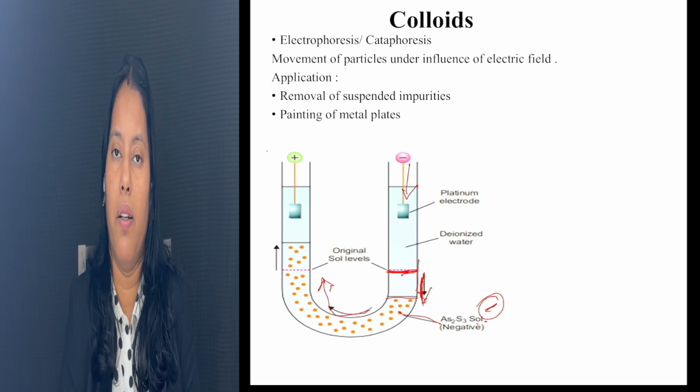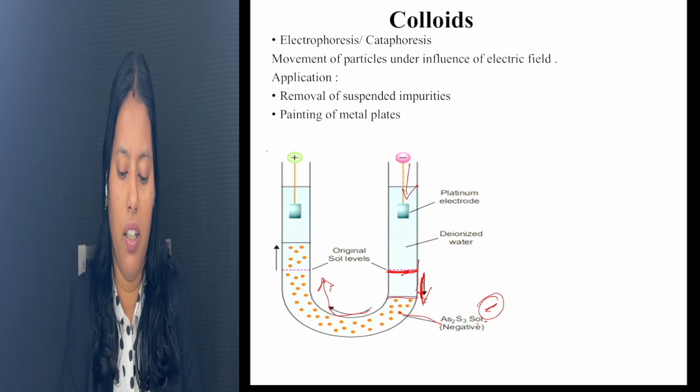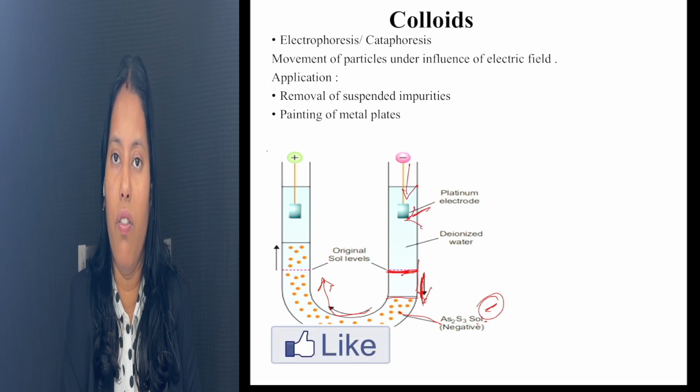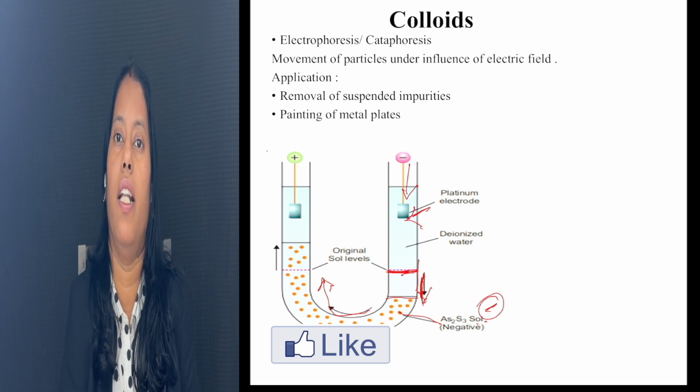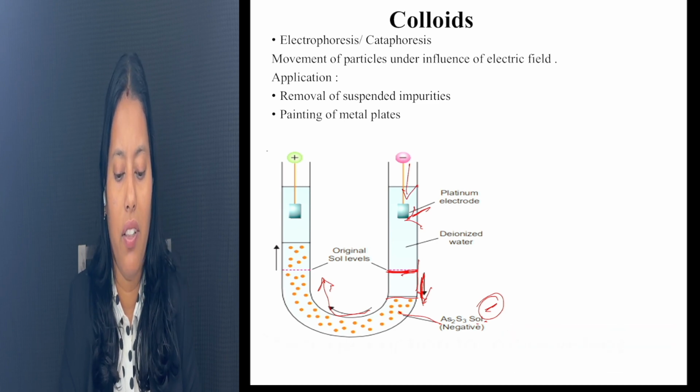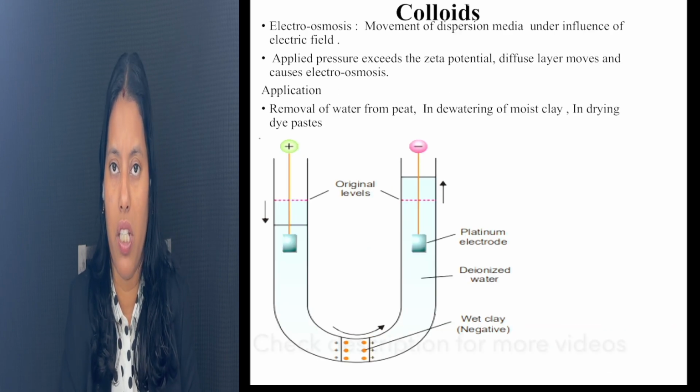It is also used for coating of metal plates or metal rods. You can mount the plates and take the solution of paint under the influence of electrical field. The paint molecules get coated on it and form a layer, and you can easily coat or paint a metal plate.